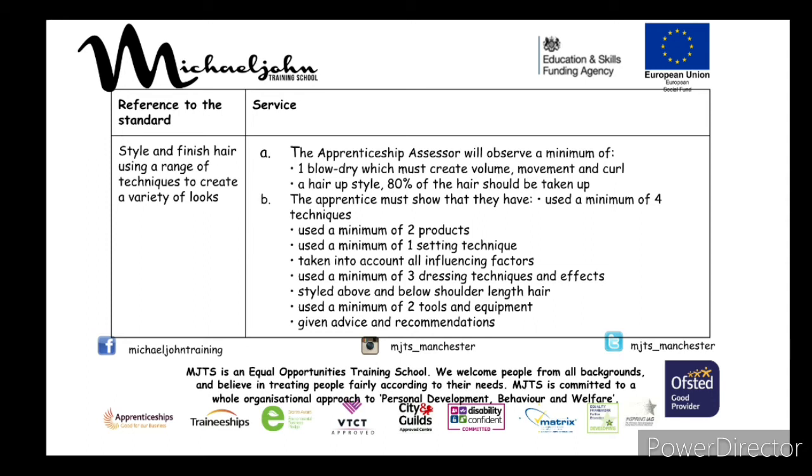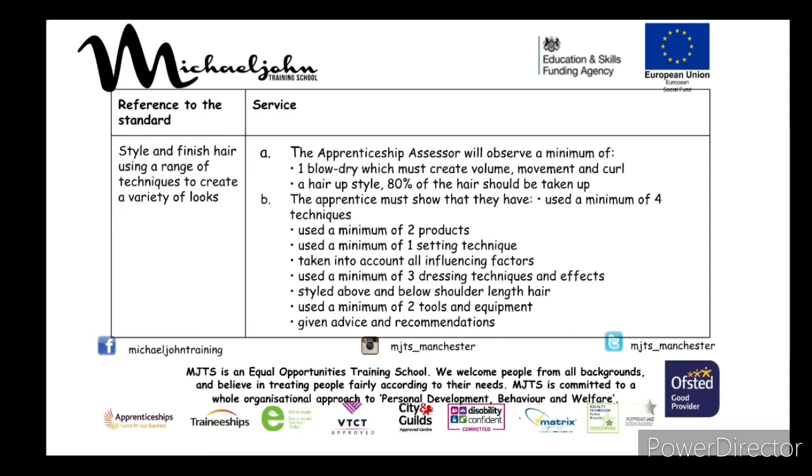The apprentice must also show that they have used a minimum of 4 techniques, used a minimum of 2 products, used a minimum of 1 setting technique, taken into account all influencing factors, used a minimum of 3 dressing techniques in effect, styled above and below shoulder length hair, used a minimum of 2 tools and equipment, and finally, of course, given advice and recommendations.